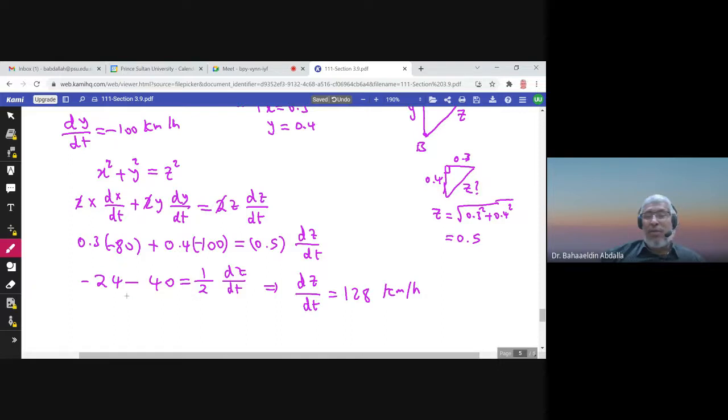All right, let me check this one too. 0.3 squared plus 0.4 squared under the root. Yeah, it's 0.5. So we have negative 24 minus 40.